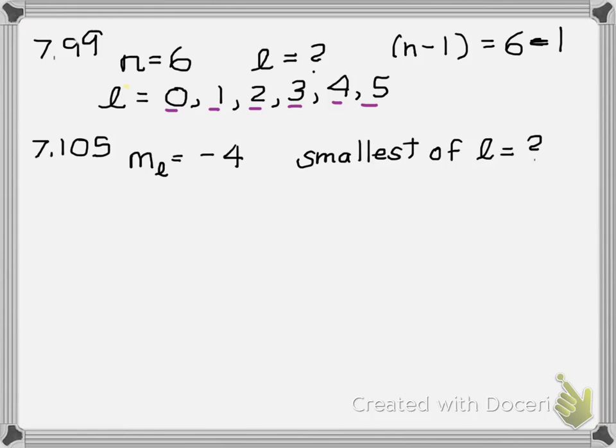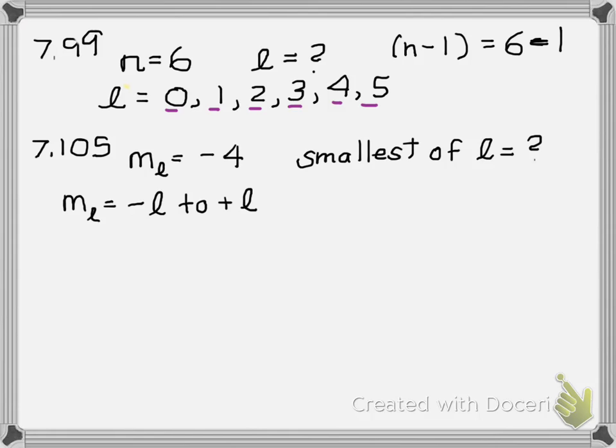Okay, to figure out what the smallest value of l is, let's think of what the numbers m sub l can be. Remember, m sub l can be from a negative value of l all the way to a positive value of l.